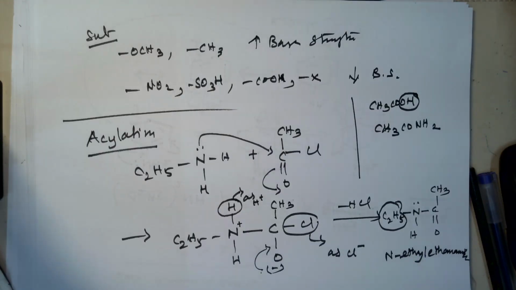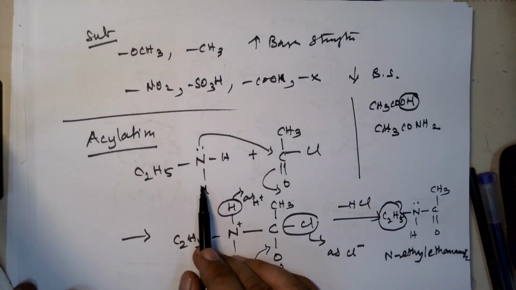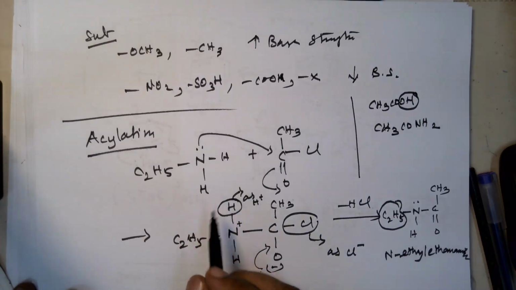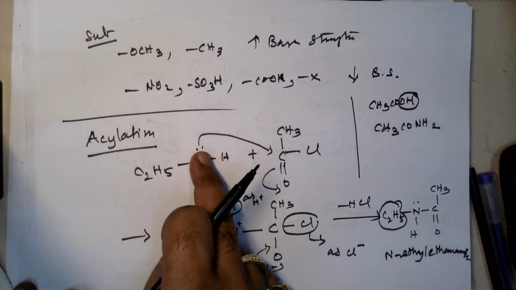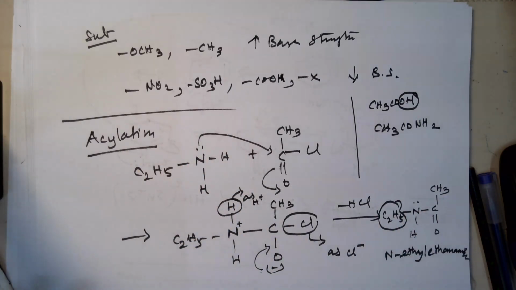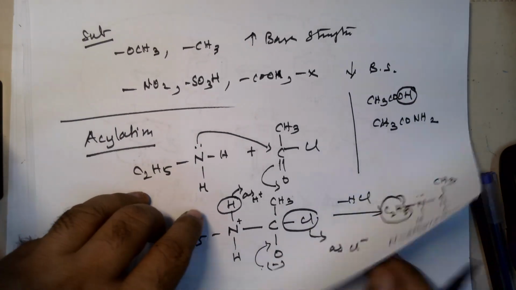Now, can you prepare similarly N,N-diethyl ethanamide? Where do we have to start? You can start from the diethyl group. You can maintain the same, but instead of H you can put C2H5, so that you are able to get N,N-diethyl ethanamide. Okay, try. Same reaction.